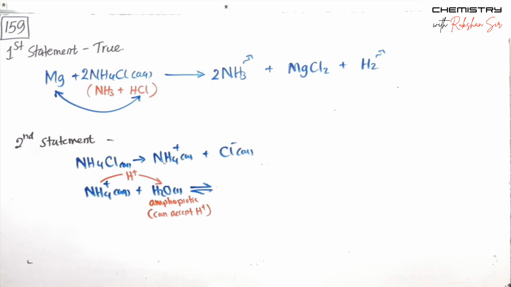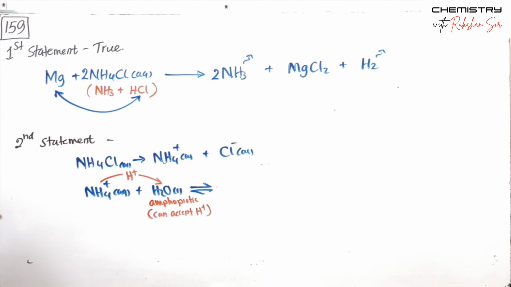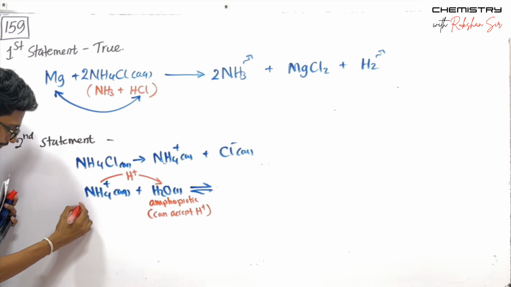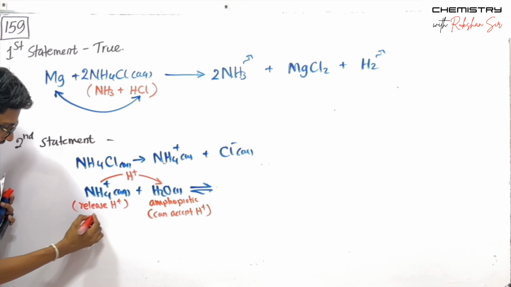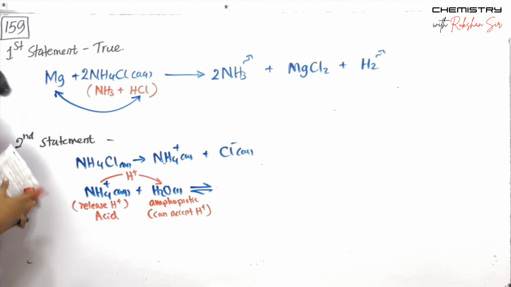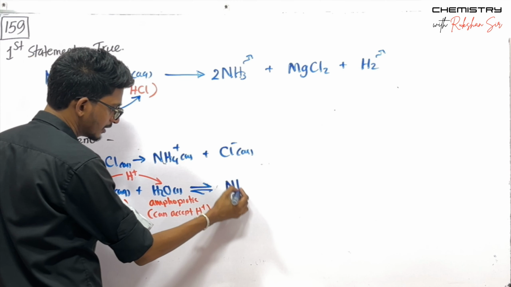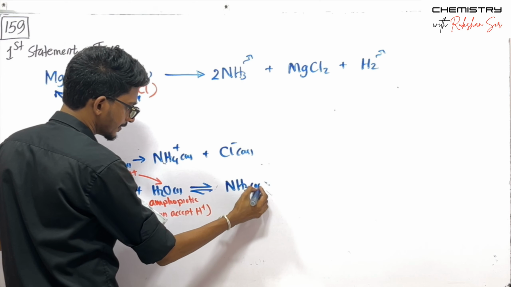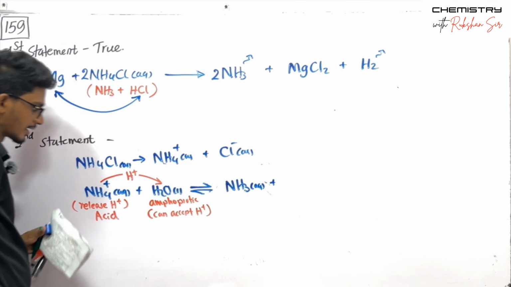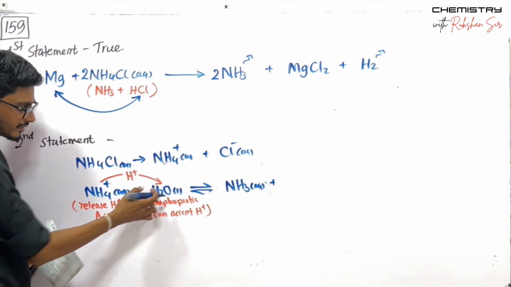Acting as a base here, and this is acting as an acid here. Releasing H+ means acting as an acid. So what are the products there? By releasing H+ from here, you will ultimately come up with NH3, and by accepting the H+ coming from the NH4+, water will convert to H3O+.